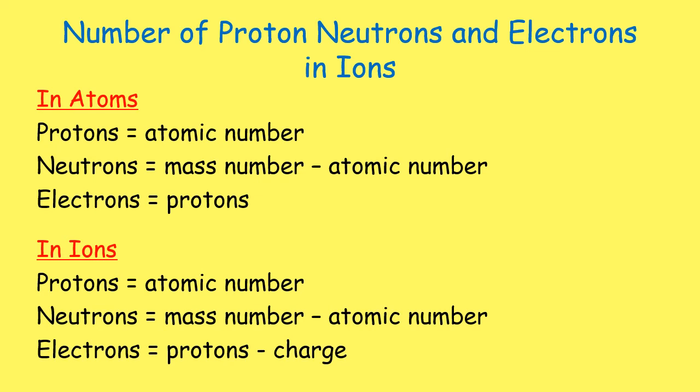Now, protons and neutrons are exactly the same in an ion. Protons still equal the atomic number. Neutrons still equal mass number minus the atomic number, but electrons in an ion equal protons minus charge. So you can see that that is where they differ. Protons and neutrons are exactly the same, but it's just the number of electrons that changes.